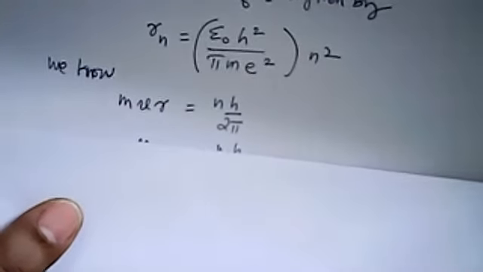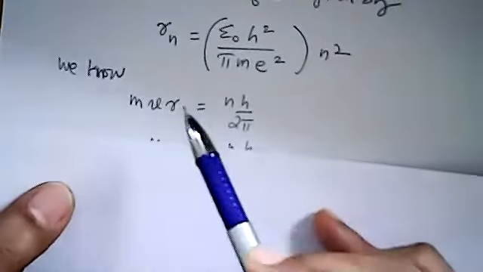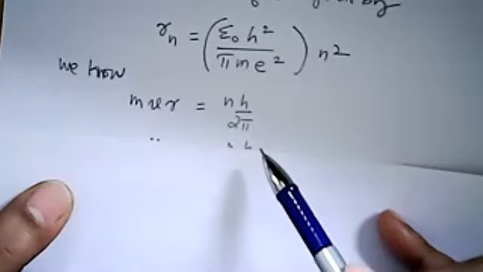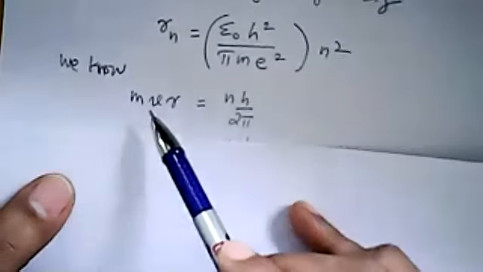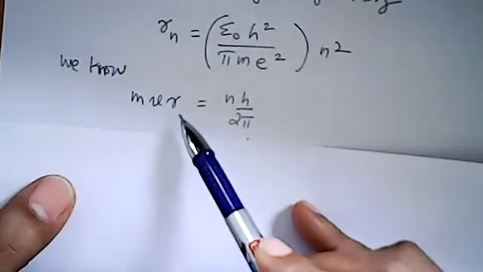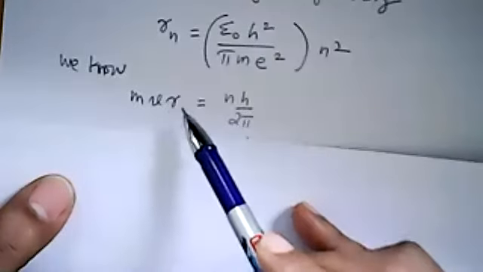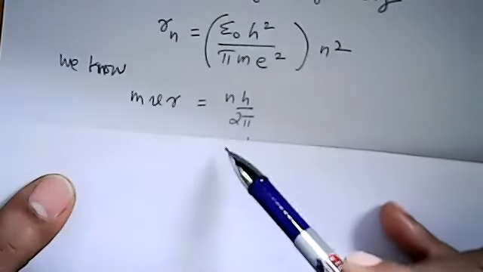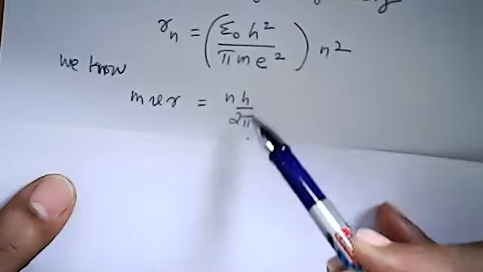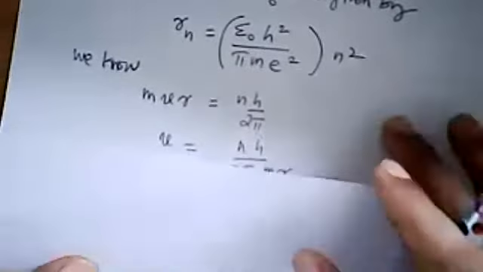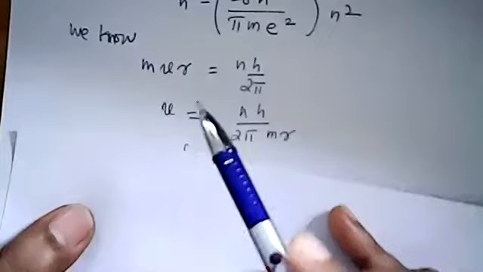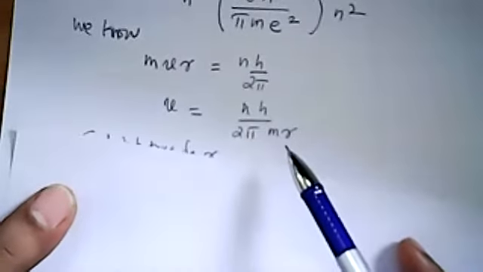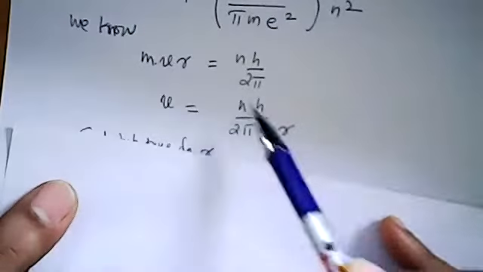Now, from the Bohr postulate, we know the angular momentum is an integral multiple of h by 2 pi. Angular momentum is mvr, mass, velocity, radius. So mvr equals n into h by 2 pi, where n is an integer. From this expression, what is v? Let m and r go to the other side.